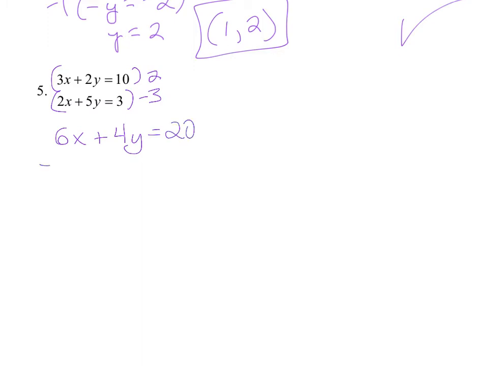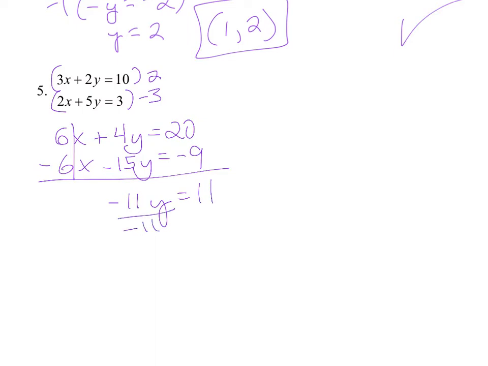Times negative 3 gives me negative 6x minus 15y equals negative 9. Now, I add the two equations. The x's disappear. I have 4 minus 15 gives me a negative 11y. 20 minus 9 is 11. I divide by negative 11.